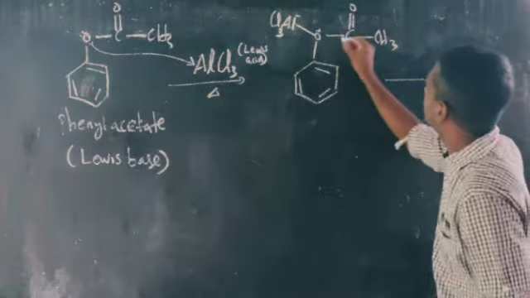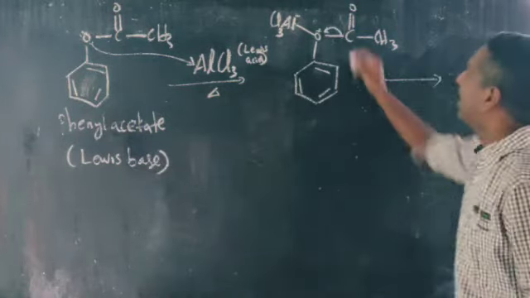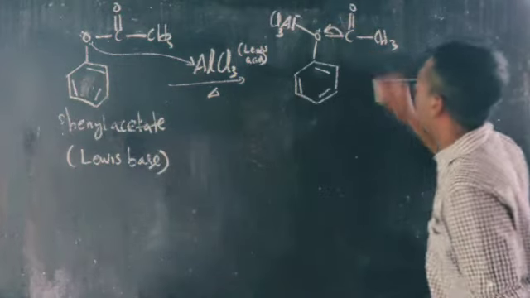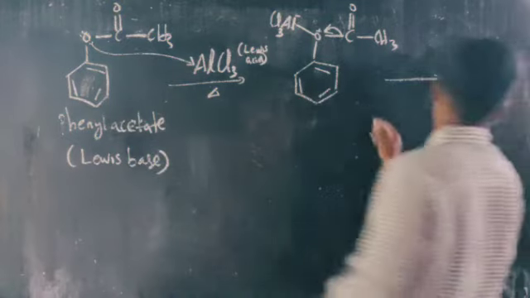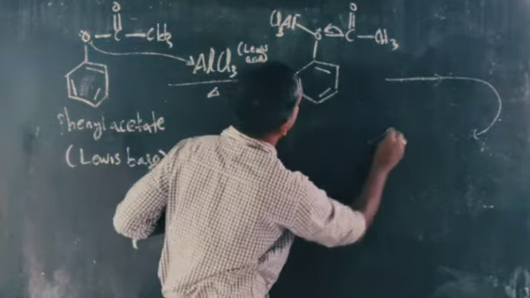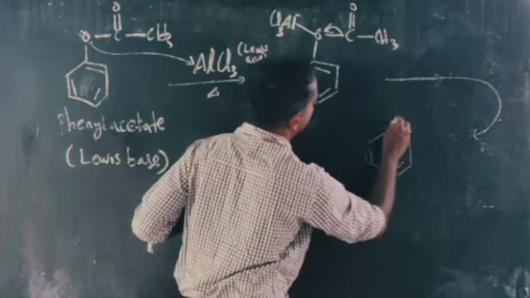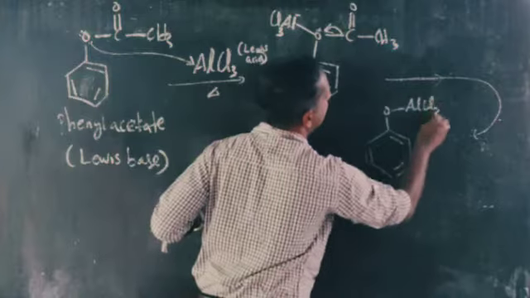This COCH3 bond breaks, and what do we get? We get a structure like this: the ring with O and AlCl3 minus.